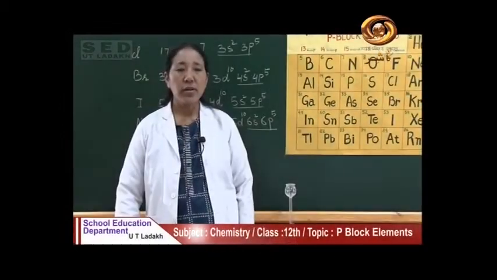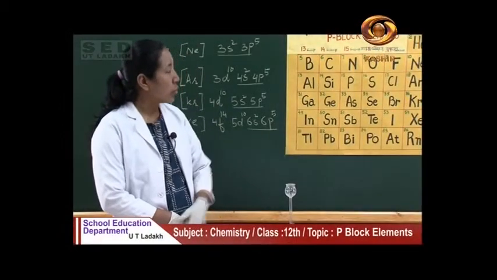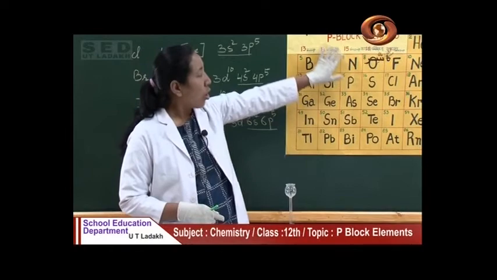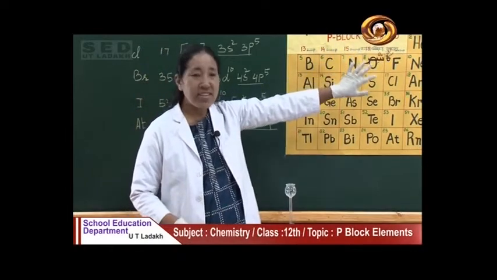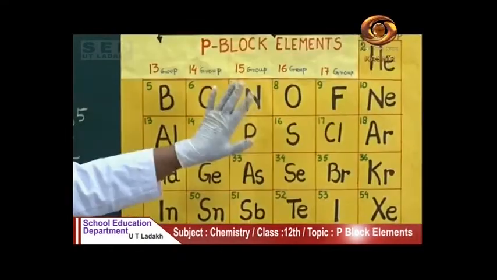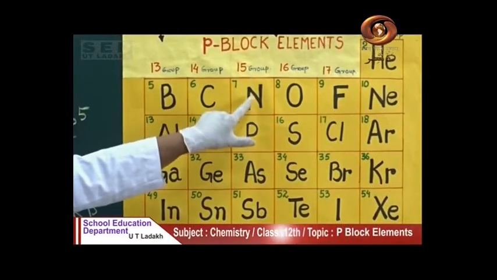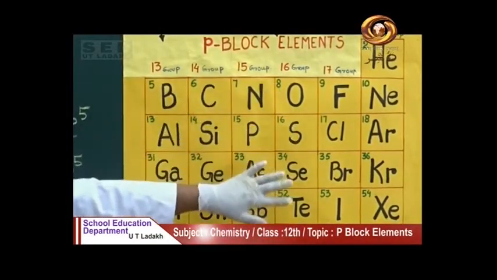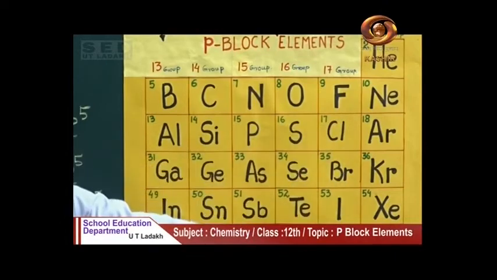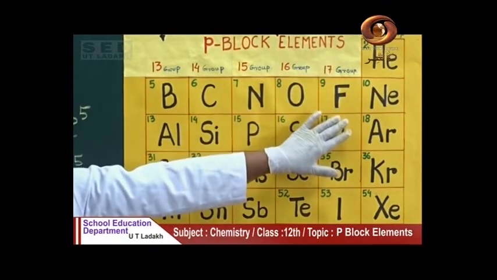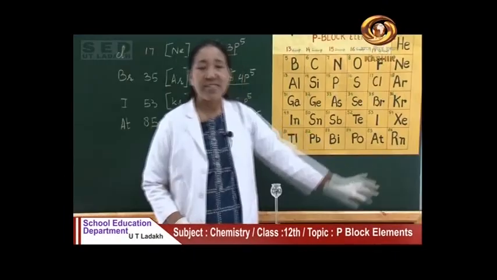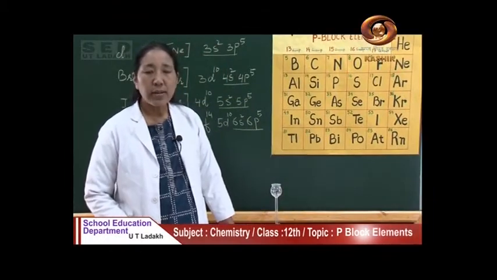Students, today we are going to discuss P block elements. Yesterday we already discussed group 15 elements. Today I will discuss group 17 elements. Group 17 elements are also called the halogen family.